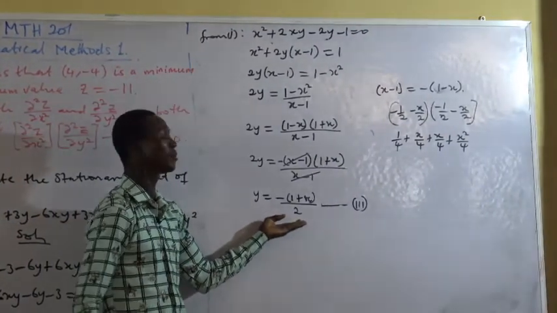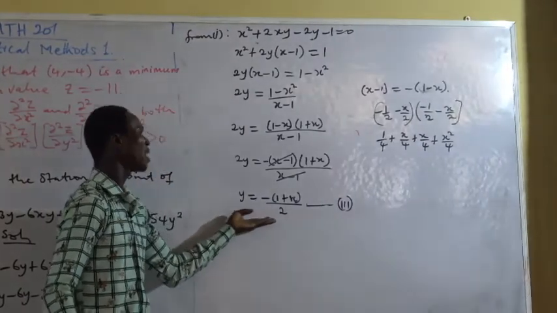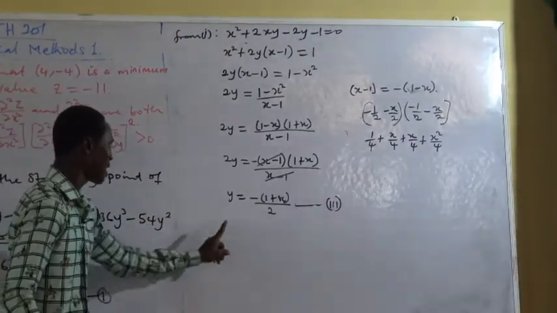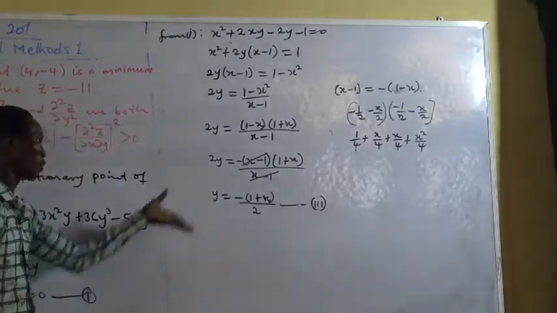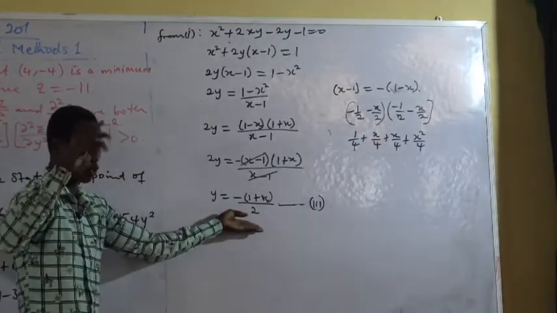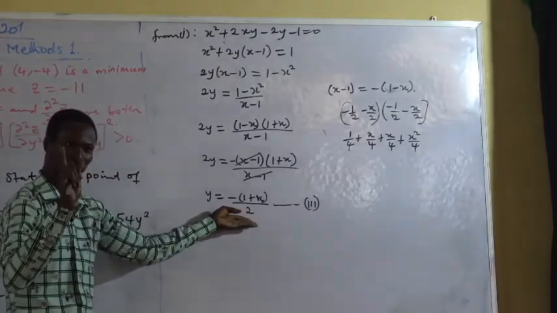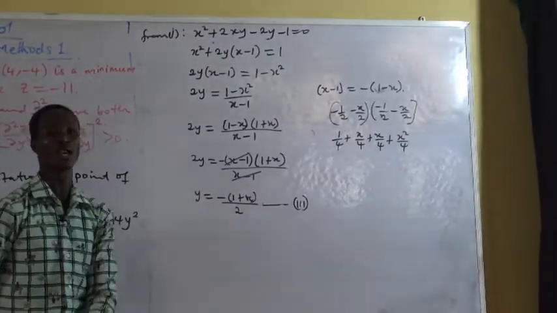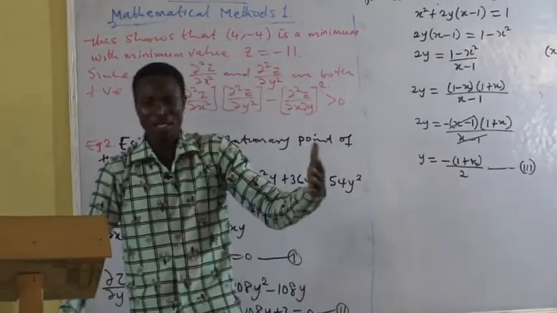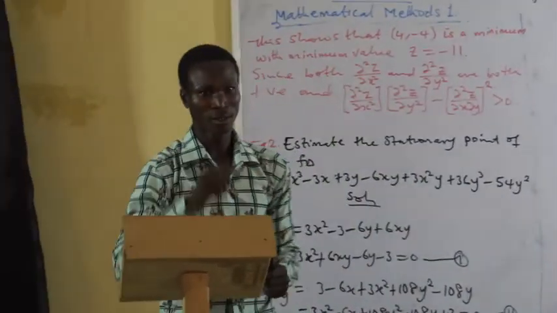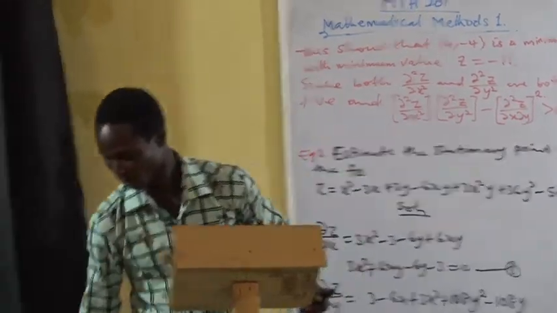When we come next time, don't worry, I will just brush over this, remind you of this in 1 minute, and then continue from here. We see that some functions cannot have stationary points, and so on and so forth. Thank you. God bless you.